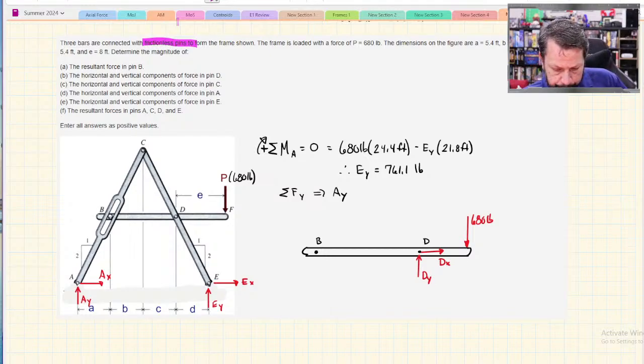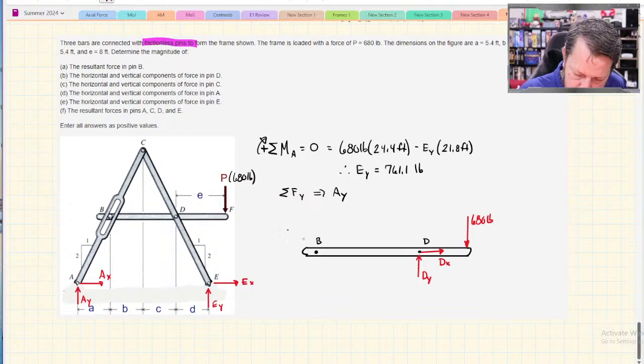So how you deal with this is you treat it like you would treat a roller, where the reaction is perpendicular, in this case, to the slot instead of perpendicular to the surface. So it's the surface of the slot. So your reaction at B, you don't really know which way it's going, I guess, but it's this thing.